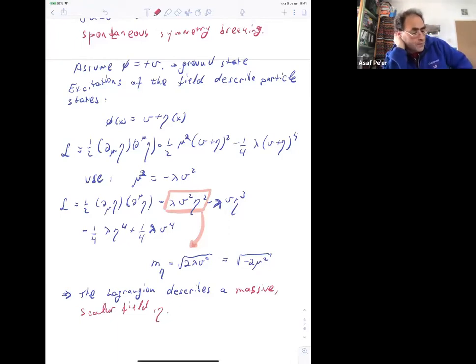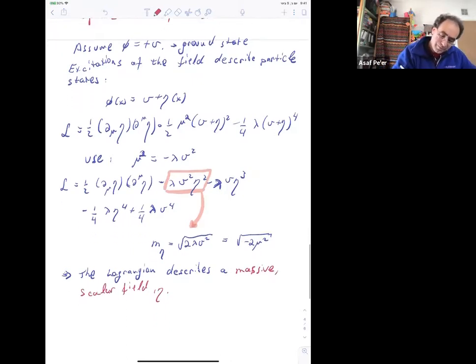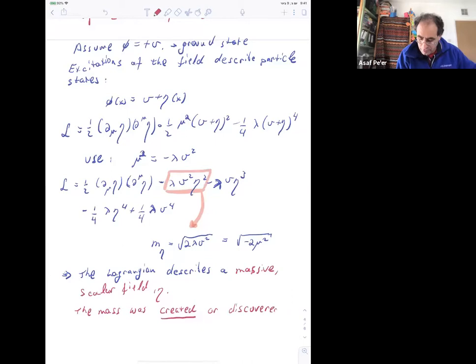Right. Now we say that the mass was created or discovered by the breaking of the symmetry.